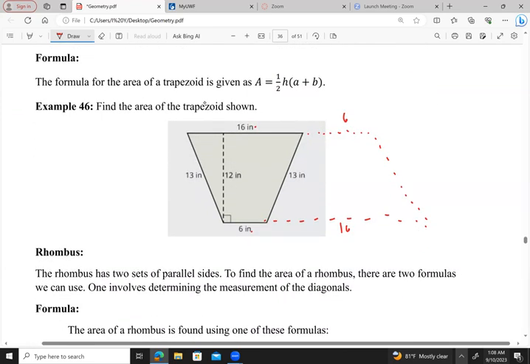So I take area equals 1/2 times my height of 12 times A, we'll call 6, plus B, 16. Now 1/2 of 12 times 22. 6 times 22, which is what, 132? And this is inches.